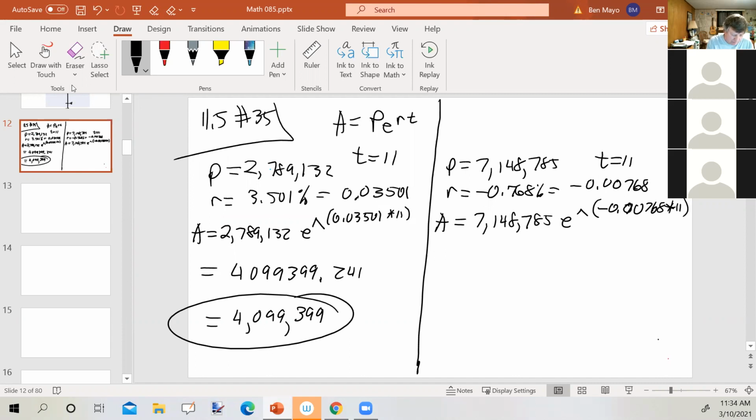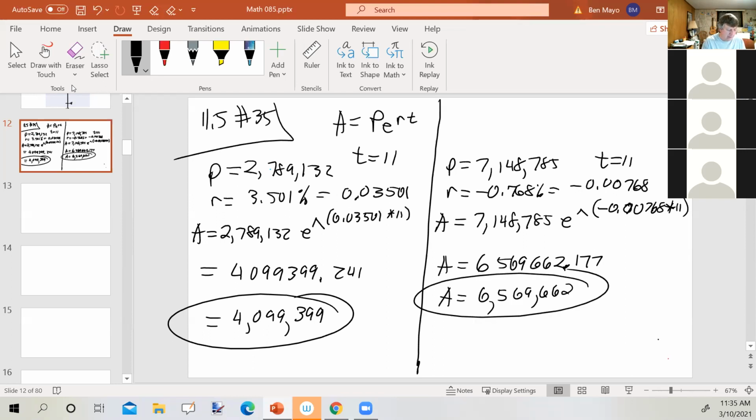Okay, 7,148,785 e to the negative 0.00768 times 11, and A is 6,569,662.177. So to the nearest whole number, you would have 6,569,662. All righty.